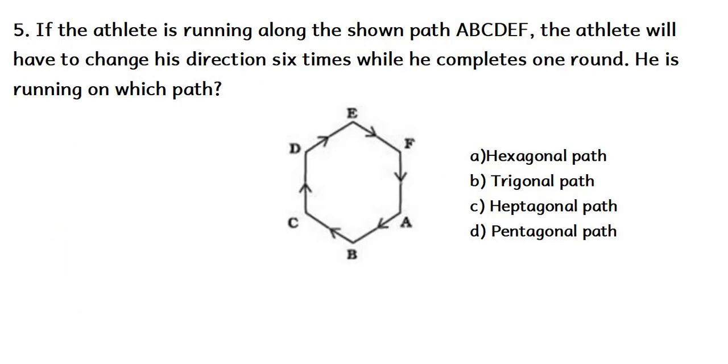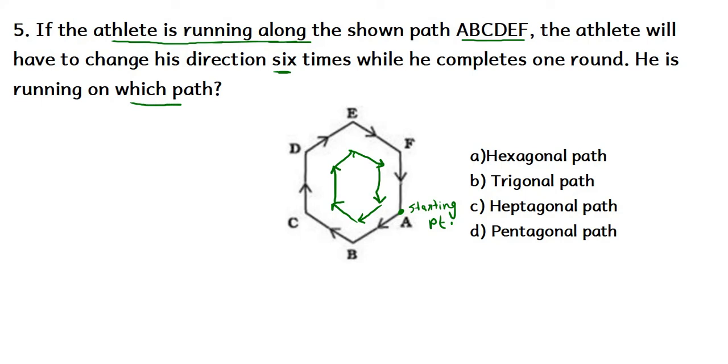Now reaching to the fifth question. Athlete is running along a shown path A, B, C, D, E and F. The athlete will have to change its direction 6 times. So A is the starting point. From A, it traveled along AB, then changes the direction, then traveled along BC and changes the direction, and this keeps on going till it reaches again back to A. During this motion, it has 6 times changed its direction.